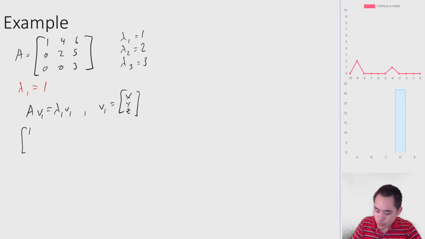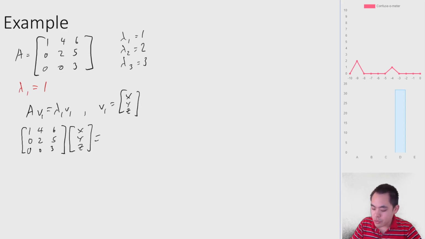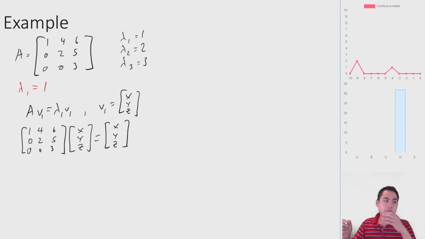So we had the matrix 1, 4, 6, 0, 2, 5, 0, 0, 3 times x, y, z is equal to lambda 1, which is 1, times v1. So that's x, y, z. Now, there are a couple of different ways of rewriting this.